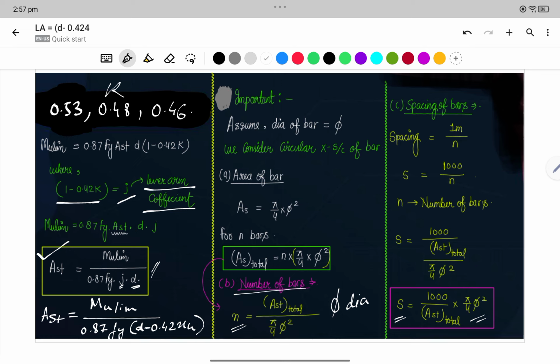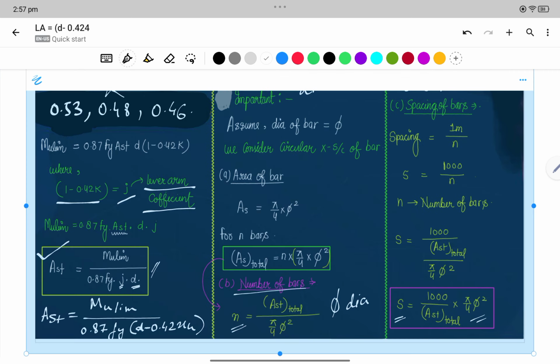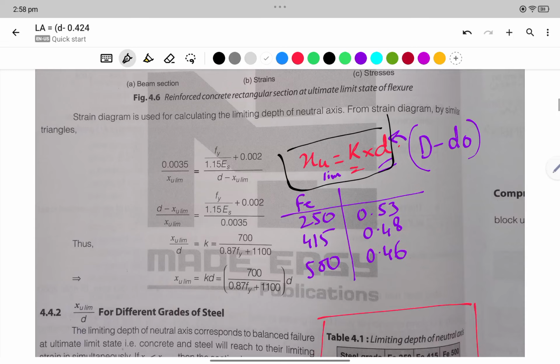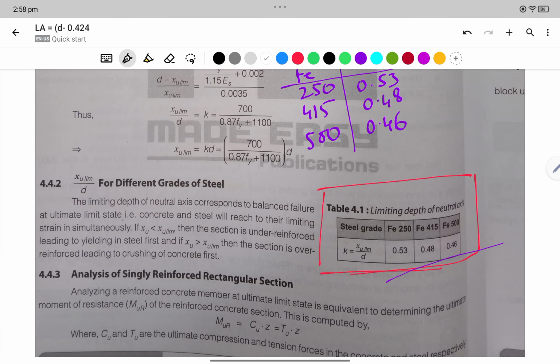Okay, so see, if we multiply d and k, what will we get? d minus 0.42 kd, sorry, kd. And k is equal to xu limiting divided by d, you can see it from here.